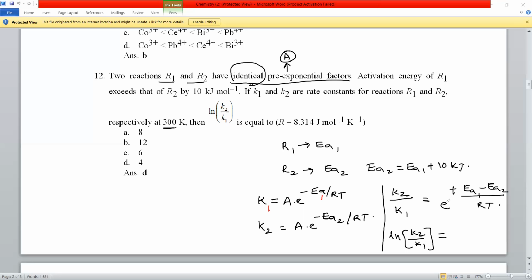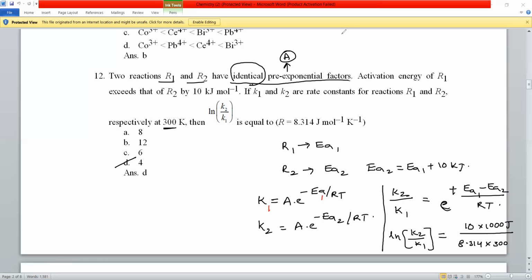If you substitute here the value, we get 10 kilojoules, which we convert into joules, 10 into 1000 joules, divided by the R value we know very well, 8.314 joules per kelvin, times 300 temperature. On simplification, students, you will get the answer, which should be option D.